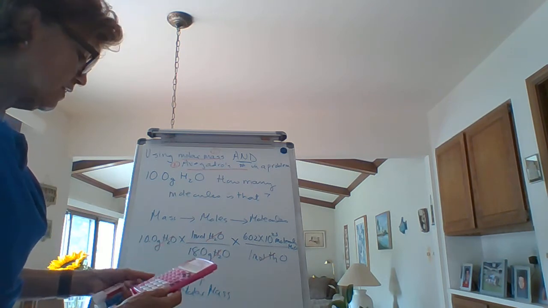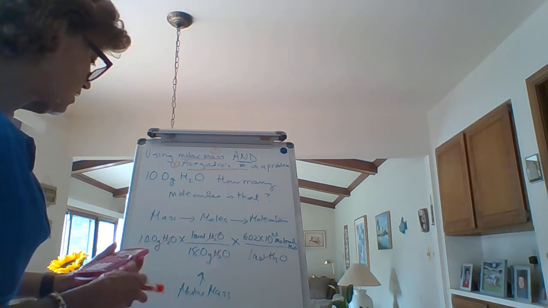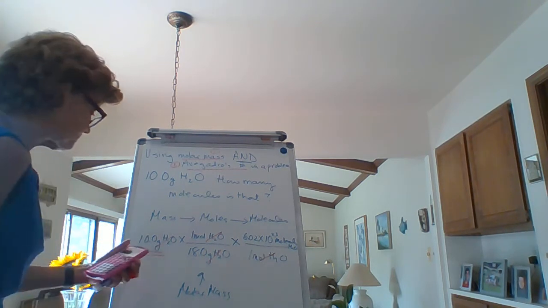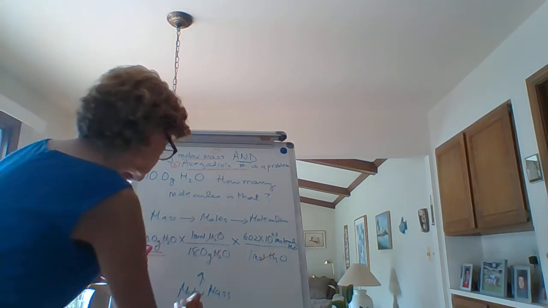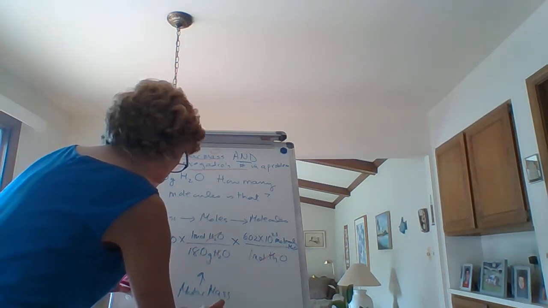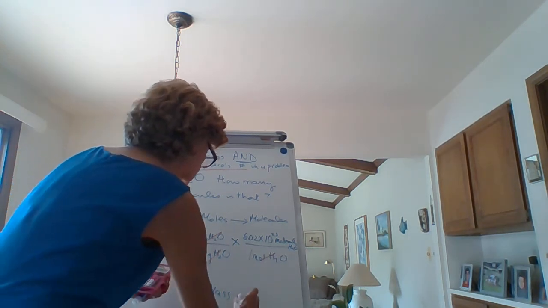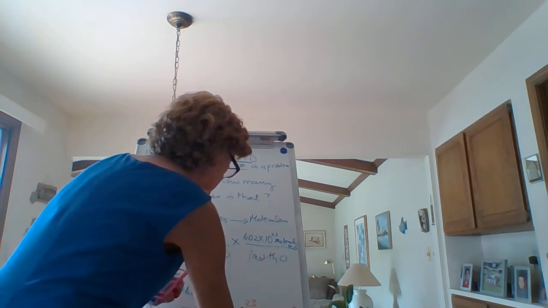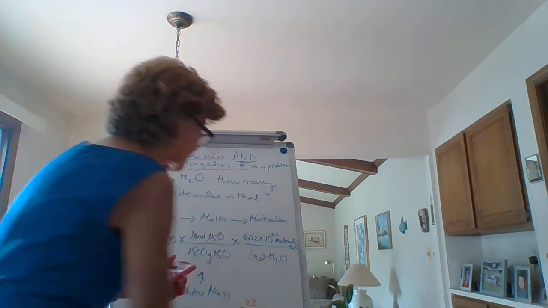Okay, I'm going to limit it to 3 sig figs. Why? Because this is 3 sig figs over here. So my final answer is going to be 3.34 times 10 to the 23rd molecules of water.